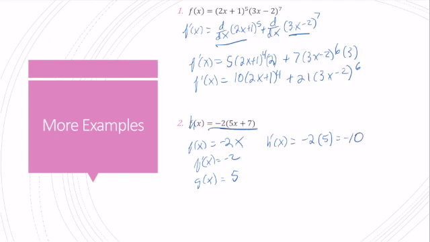What if we'd gone ahead and distributed that? That would give me, my function was negative 10x plus 7. If I took the derivative of this, I get negative 10. So it works either way. I think this way is a little bit easier, this first way we did it, because you don't want to use the chain rule more than you have to, because it can have lots and lots of steps.